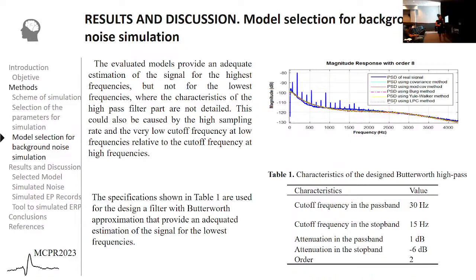This could also be caused by the high sampling rate and the very low cutoff frequency at low frequency relative to the cutoff frequency at the high frequency. To resolve this problem, a filter with Butterworth approximation was designed. The characteristics of the Butterworth high-pass filter are shown in table 1.